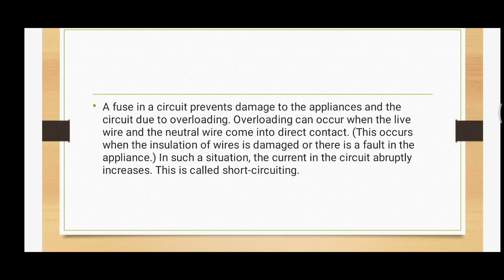In such cases, the current in the circuit abruptly increases, and this phenomenon is known as short circuiting. That means whenever the live wire and the neutral wire come in contact, there is a sudden increase in the current in the circuit, and that is known as short circuiting. And the function of the fuse is to prevent damage to the appliances due to this short circuiting.